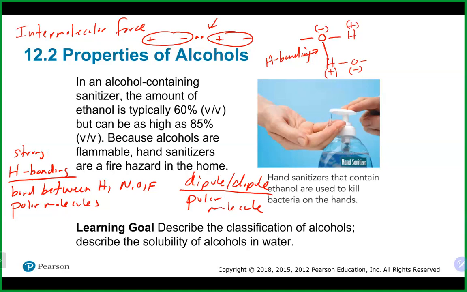It is still a relatively strong interaction, but not as strong as hydrogen bonding. It is usually the strongest force between a polar molecule and another polar molecule, or a polar molecule with itself.